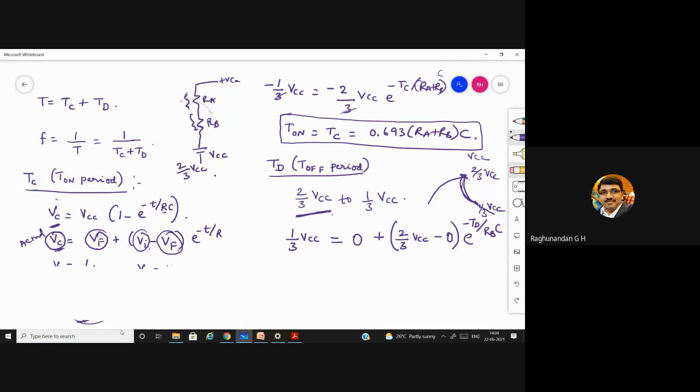See, in order to charge this capacitor, the current has to flow through RA, RB, and then it has to come to VCC. But in order to discharge, through which component is the capacitor going to discharge?